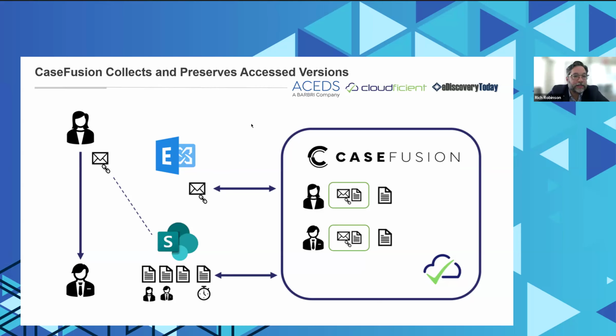Yeah, I think that's an option. I think the key is that before you go into negotiating an ESI protocol, you have to understand what technology is available to you, right? You don't want the nightmare scenario where you've agreed to collect contemporaneous versions of hyperlinked files, only to find out that the version of whatever software you have doesn't have the ability to do that, right?